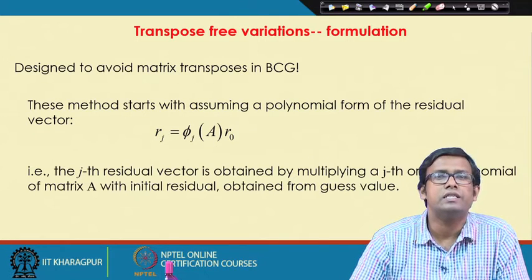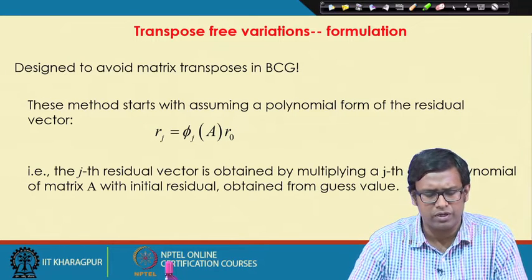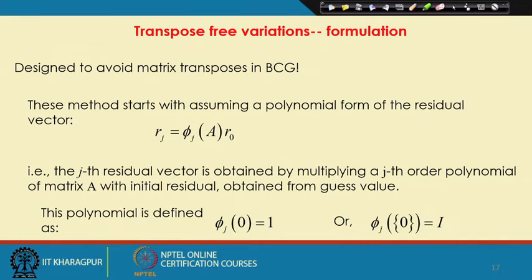That is, the jth residual vector is obtained by multiplying a jth order polynomial of matrix A, phi j, with the initial residual obtained from the guess value. This polynomial is an operator; it can operate on a scalar as well as on a vector or a matrix.